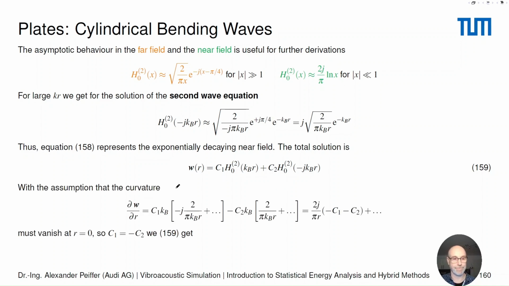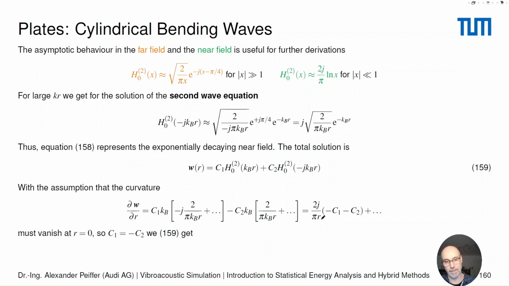And the next step is that we have another assumption. We say that the curvature of our solution, so the derivative, must vanish in the center, obviously, because otherwise it would be a singular point. When we calculate the curvature, we get this expression for C1 and C2.